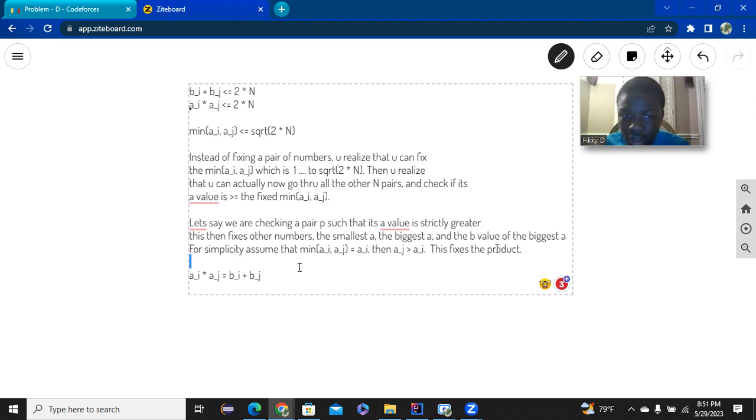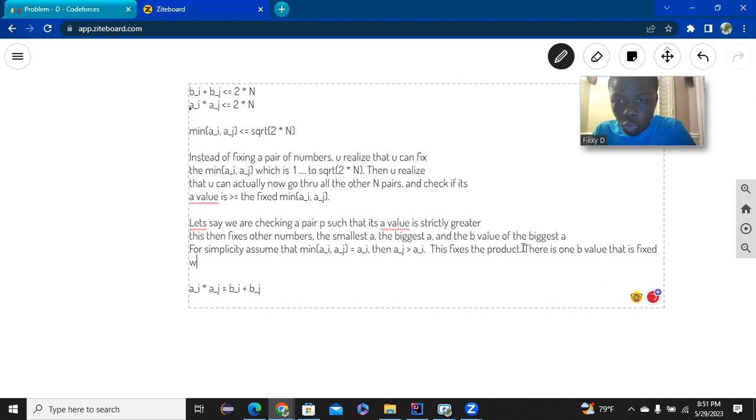And then there is one b value that is fixed. We don't care if it's i or j. Just know that the second b value is equal to the product minus the fixed b value.